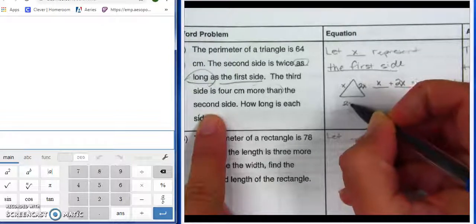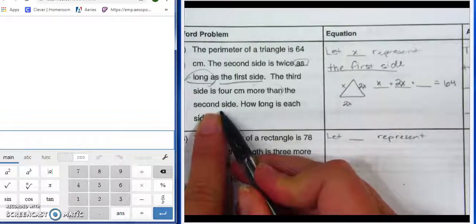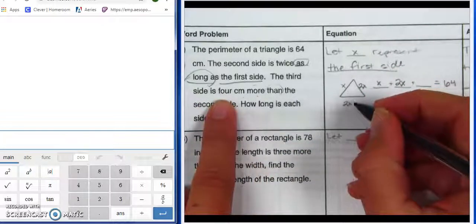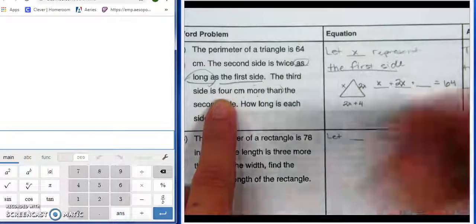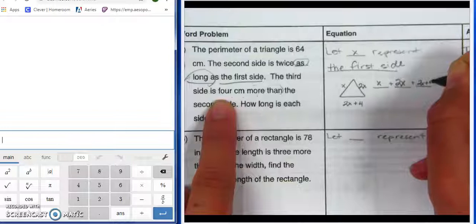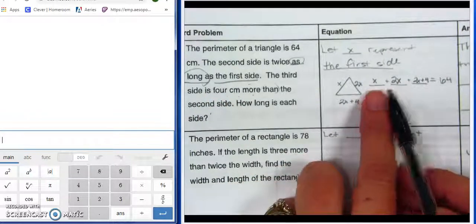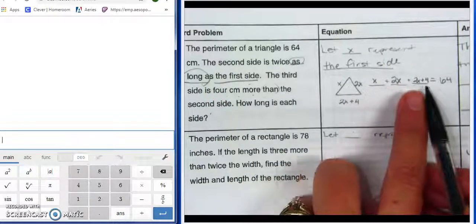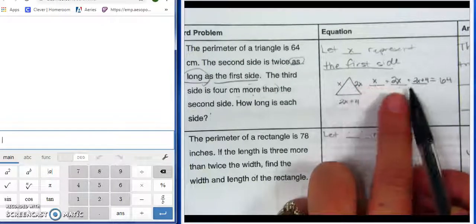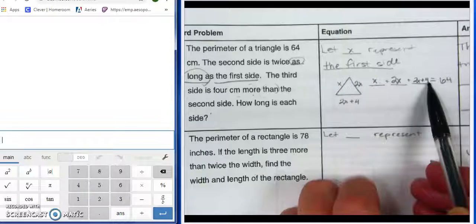So this third side is going to have 2x, the second side. The third side is 4 centimeters more than that. So more means we add. So this third side is going to be 2x plus 4. So we started with the first side. This was twice as much. And then this is 4 more than that. So that's how we write our expressions. It really does help if you leave blanks for each part.